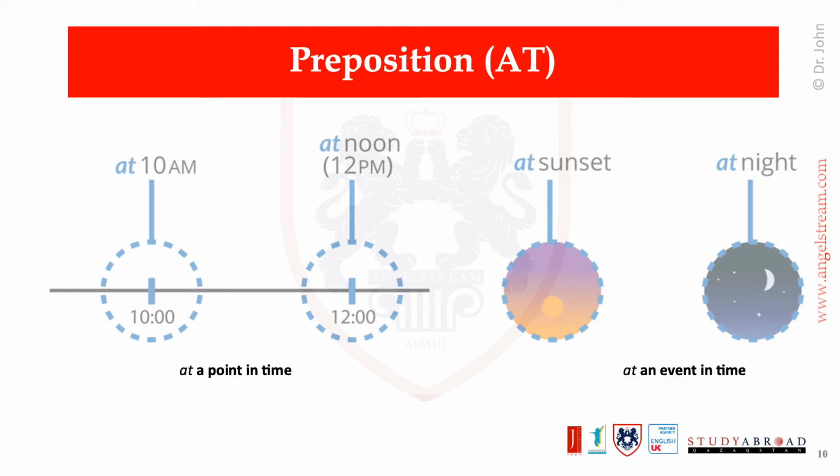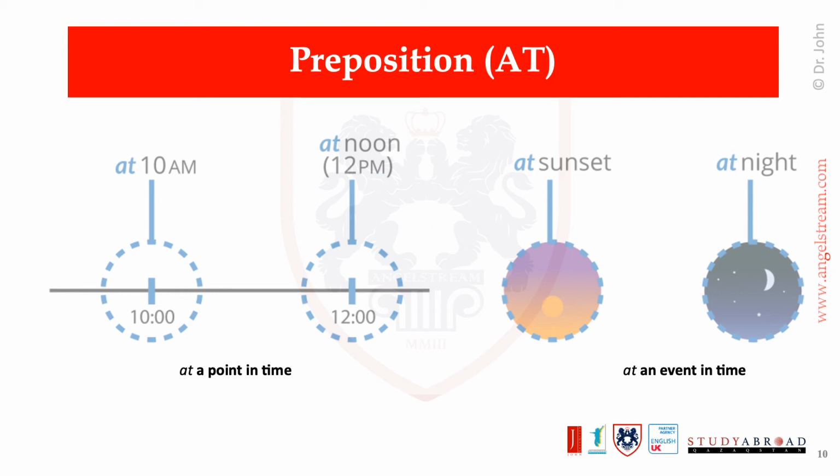And when we are talking about an event in time, if you take the whole time frame and talk about an event in time, then sunset is a kind of event that takes place during the whole day. Sunrise is a kind of event that takes place at a certain part of the day, and the night is something that comes in the evening.